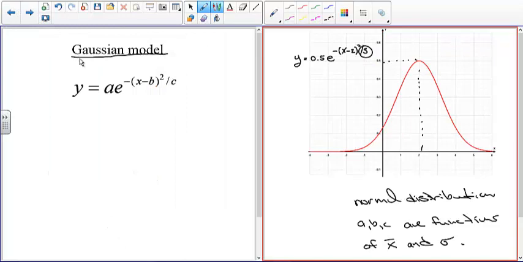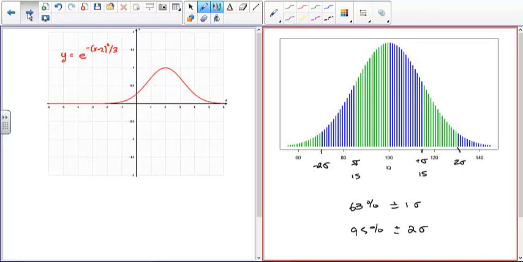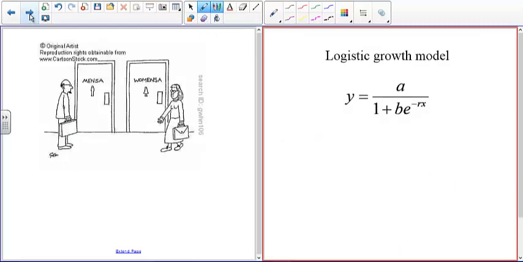Yeah, so you've got the Gaussian model, and the most prevalent use of the Gaussian model is the normal distribution for data. You've got the logistic growth model, and this is the case where you have a limited environment in terms of the resources. So you grow quickly at first and then you level out. And we'll cover this again in calculus in a lot more detail. This is just an introduction to show you some of the applications of logarithms and exponents.